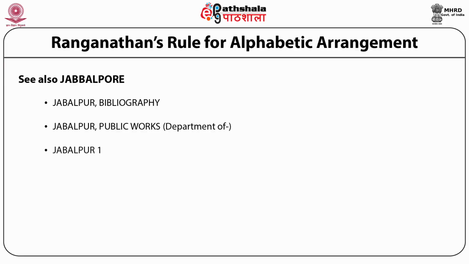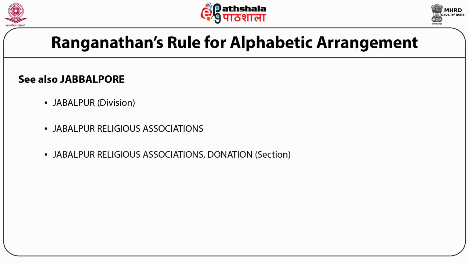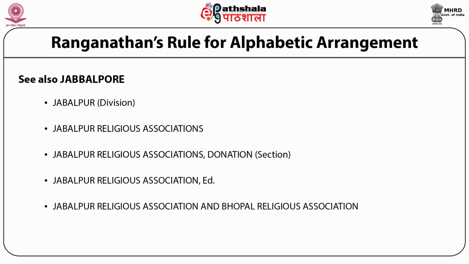Jabalpur 1, Jabalpur 2, Jabalpur 3, Jabalpur City, Jabalpur District, Jabalpur Division, Jabalpur Religious Associations, Jabalpur Religious Associations, Donation Section, Jabalpur Religious Association and Bhopal Religious Association. Jabalpur with the difference of spellings.